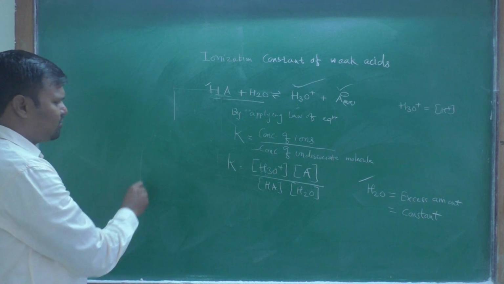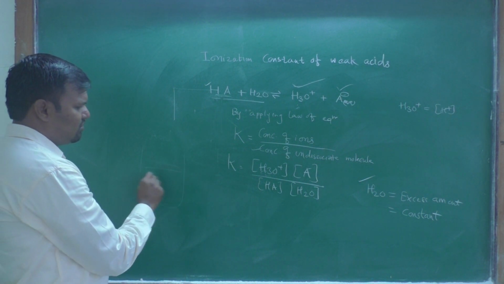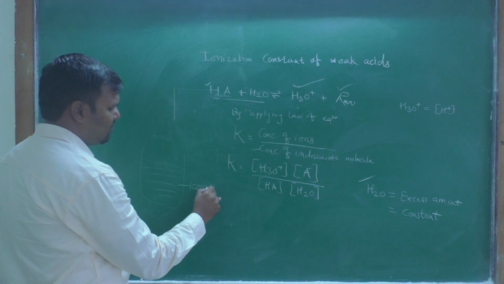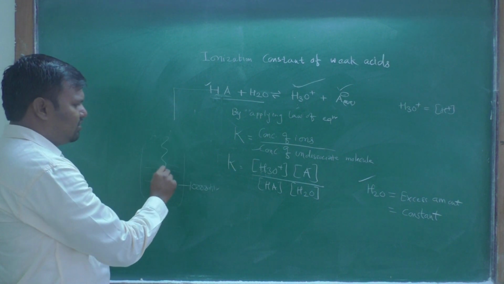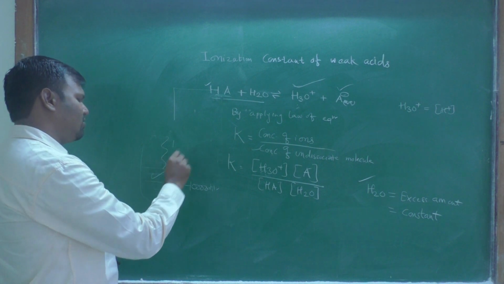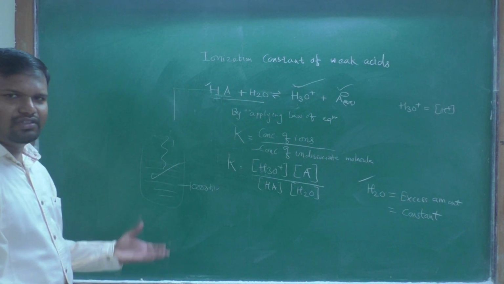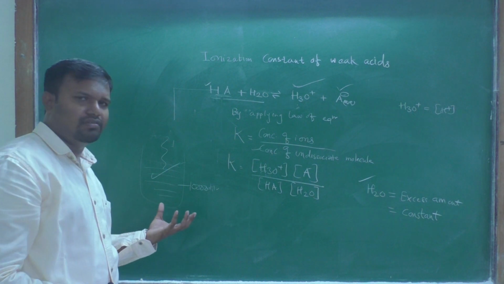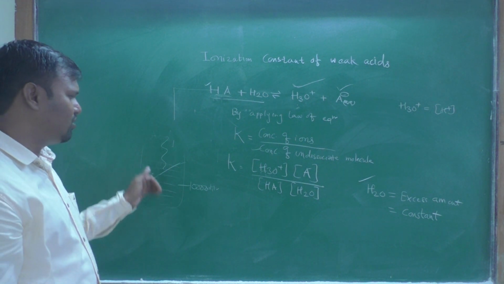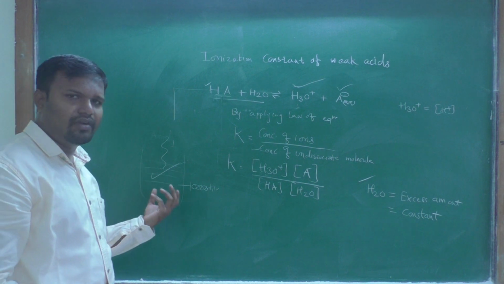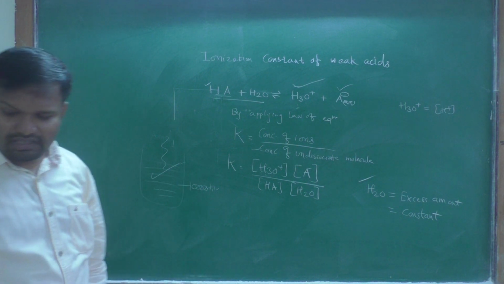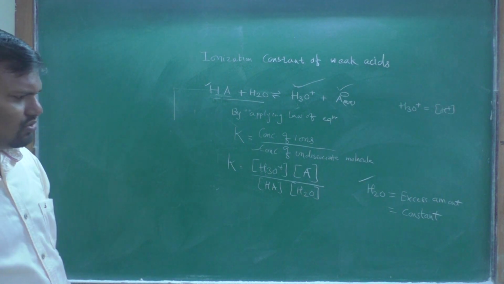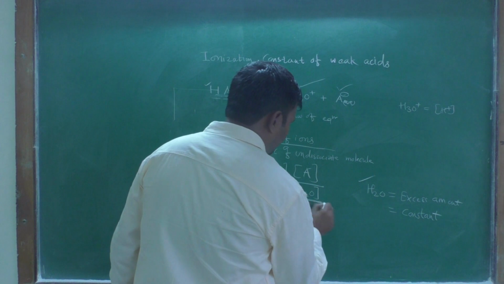Suppose we have about 1 lakh liters of water and you add 1 gram; then the water is in excess, so there is no effect on the water due to the addition of a small amount of any compound. Therefore the large amount of water concentration is considered a constant.